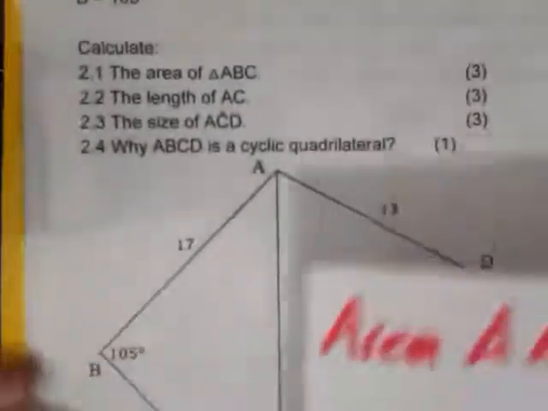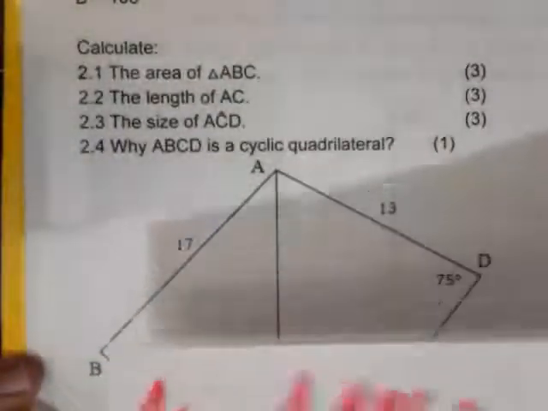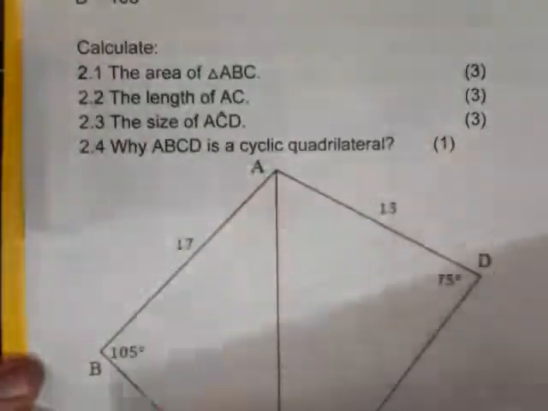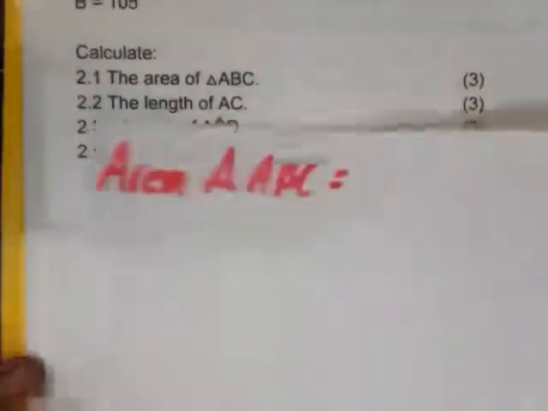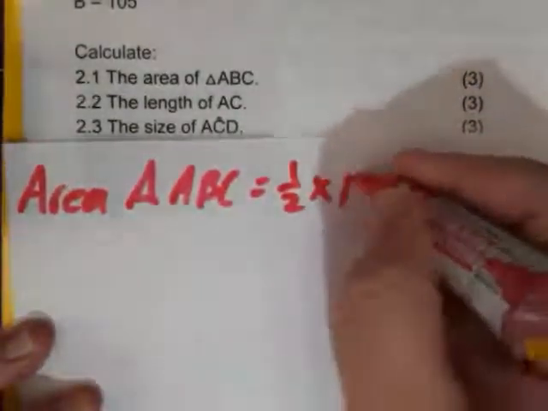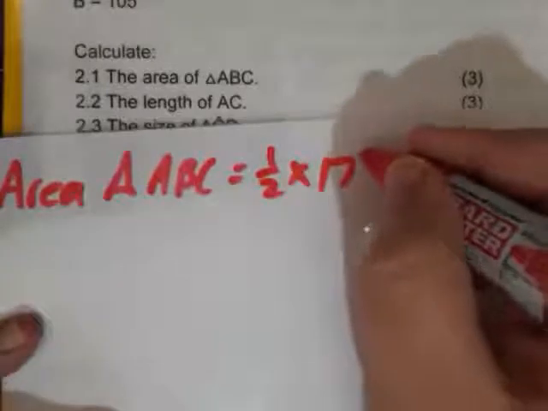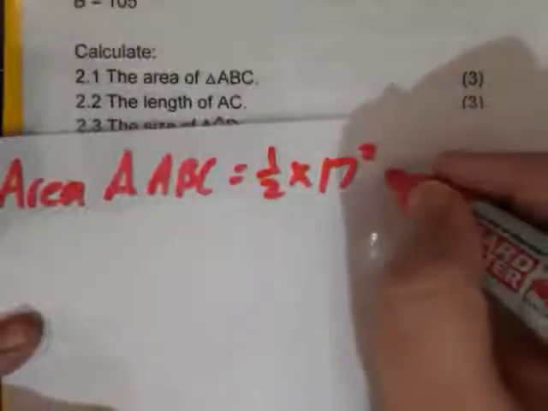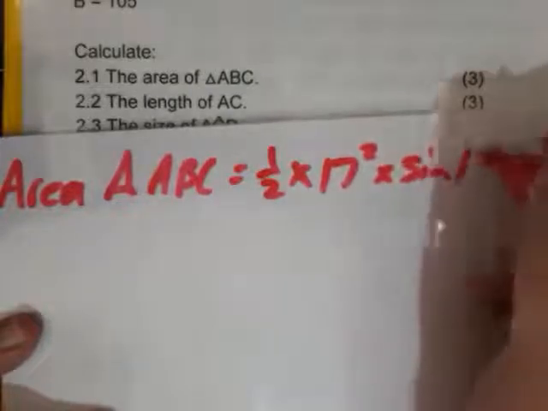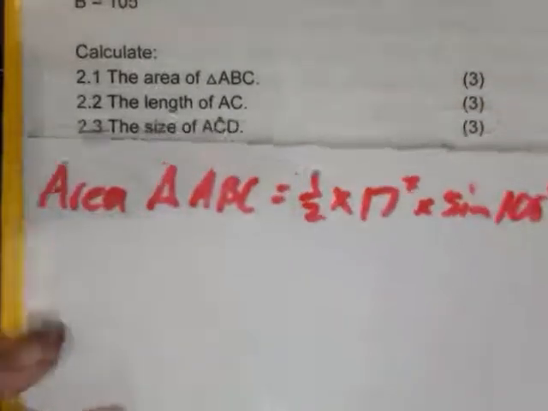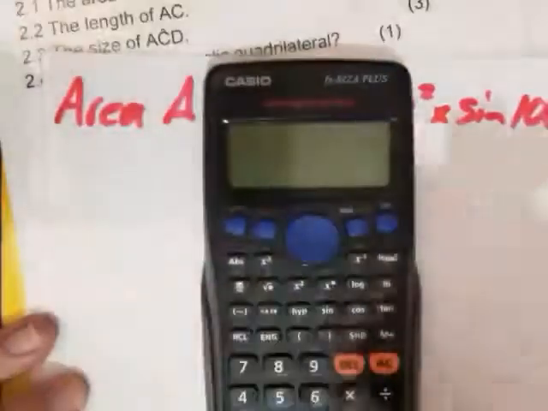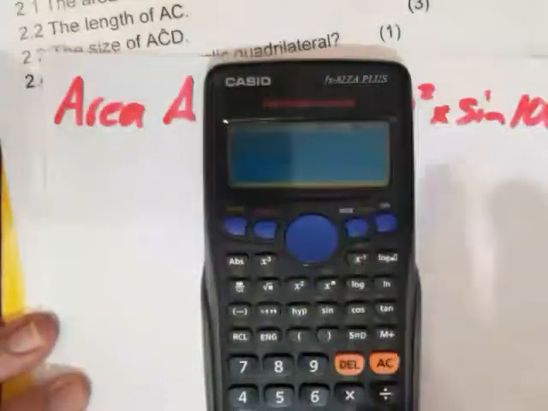Okay. Now we have to look for what information we have. So our included angle is B, and we have two sides next to it of 17. So it will be a half times 17 squared, because there's two 17s that we multiply, times sin of 105 degrees. Okay, so that's all we have to do. Let's pull the calculator closer.